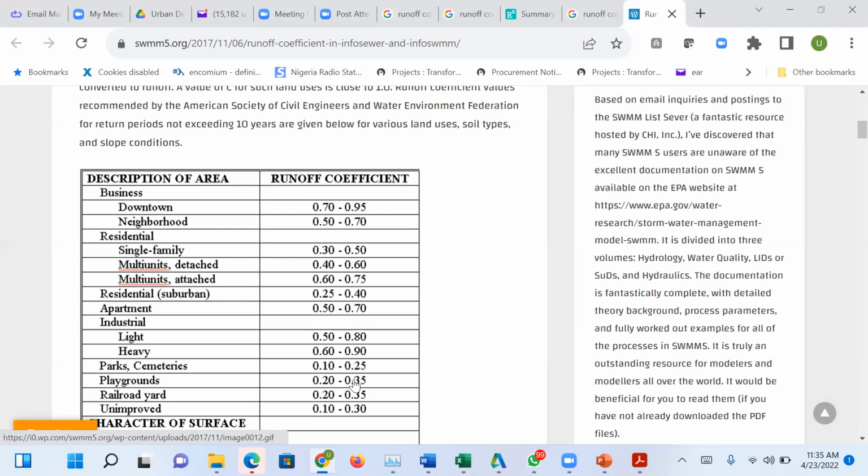Playground, very low, because playground we know is always green, grass and green. Then downtown California, 0.7 to 0.95. Everywhere is paved. Everywhere is built up. And no space for infiltration.